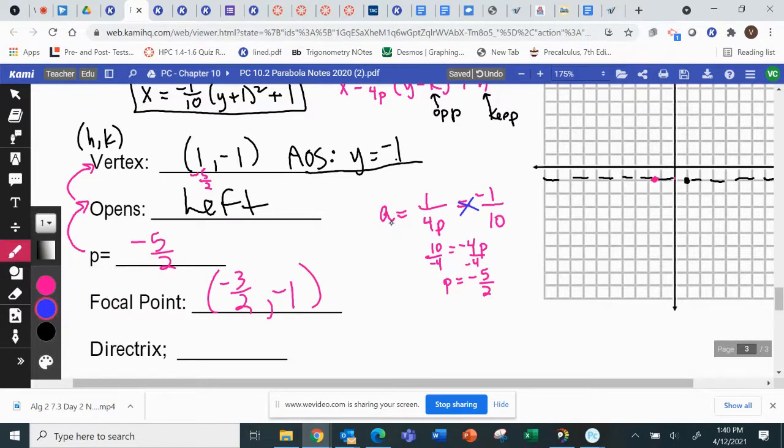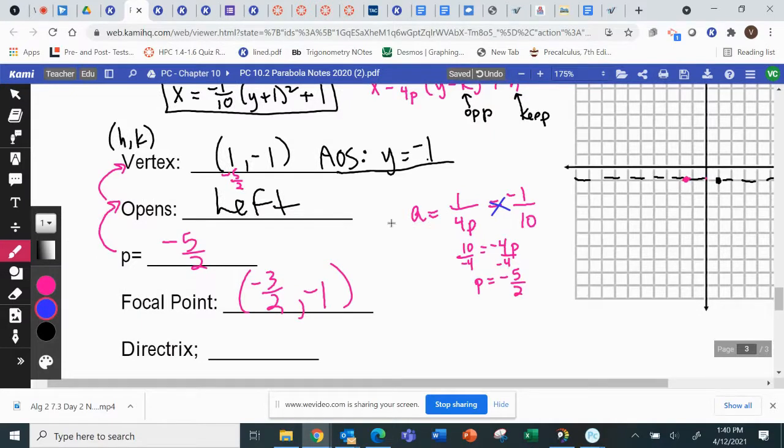And then the directrix is going to be in the opposite direction as the opening. It's still going to go off of the vertex, but it's a line. And that line is perpendicular to y equals. So this line is going to be what equals? x equals.